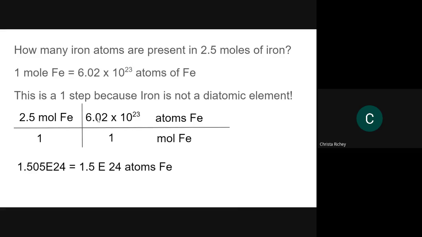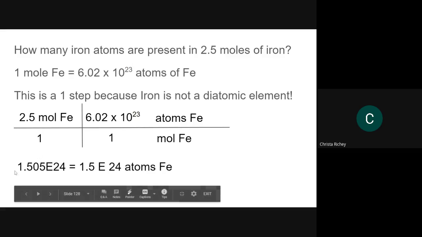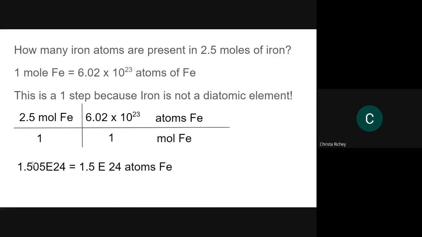The numbers in the conversion factor don't count, just like the numbers from the periodic table don't control your answer. So since 2.5 has 2 numbers in it, the 0 is not going to affect the 5, so it rounds to 1.5 times 10 to the 24th atoms of iron. You are more than welcome to write a capital E instead of times 10 to the 24th. I know you're not used to doing it, but that's what it means.